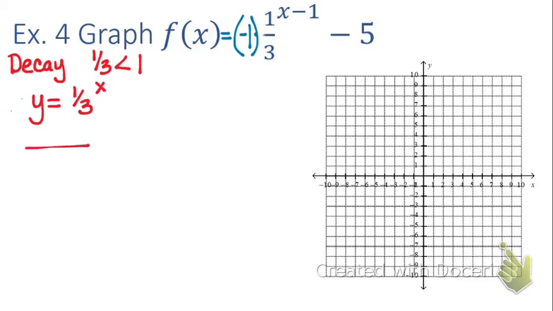And because it's decay, we're going to use the same x values. So now you're going to take 1/3 to the power of -3, 1/3 to the power of -2, 1/3 to the power of -1. Go ahead and fill in your chart.